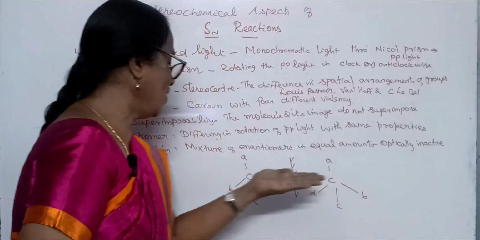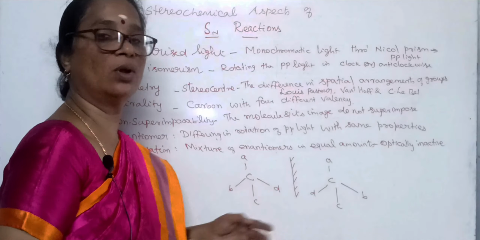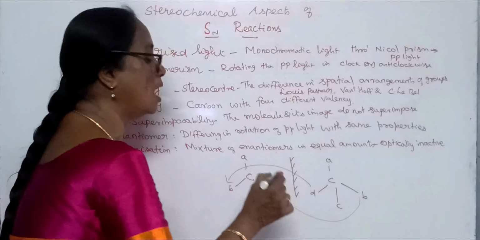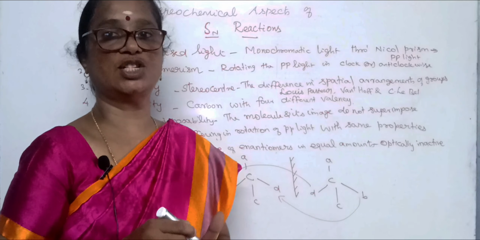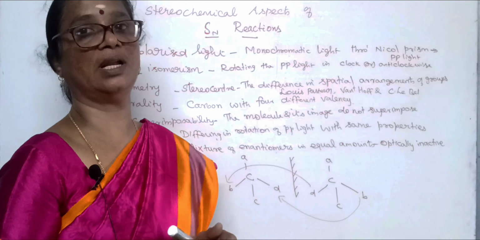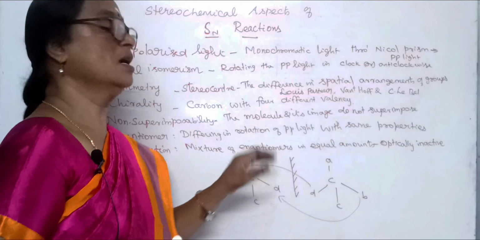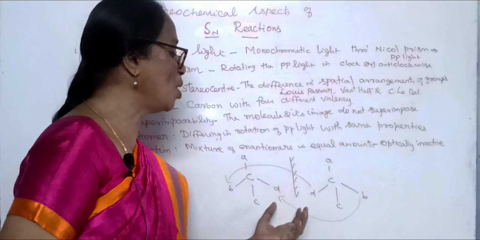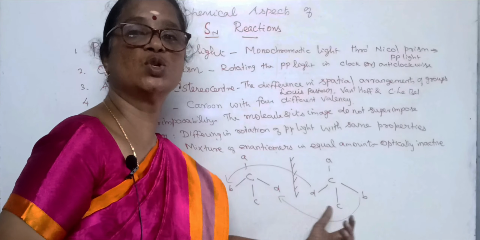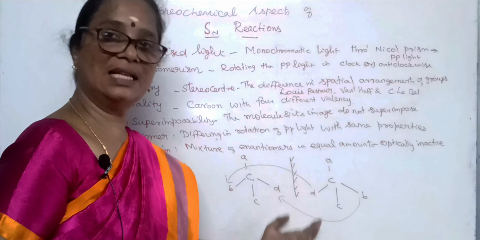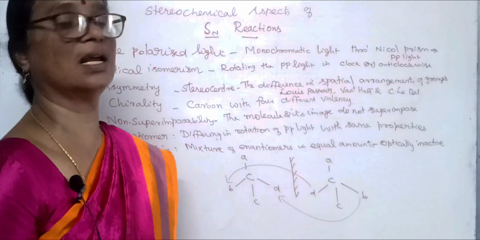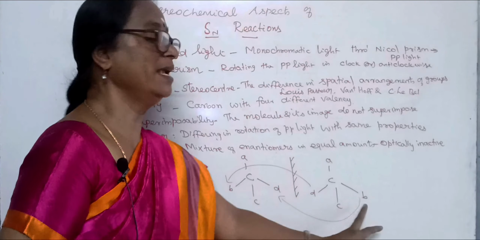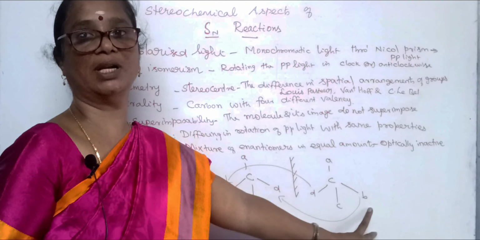Now when this image is placed over the molecule, we find D is on B and B is on D. Such a condition is said to be non-superimposability. The molecule with chirality should have the other property of non-superimposability, that is, the molecule and its image do not superimpose each other. This also shows that the arrangement of groups B and D is exactly changed in its mirror image.